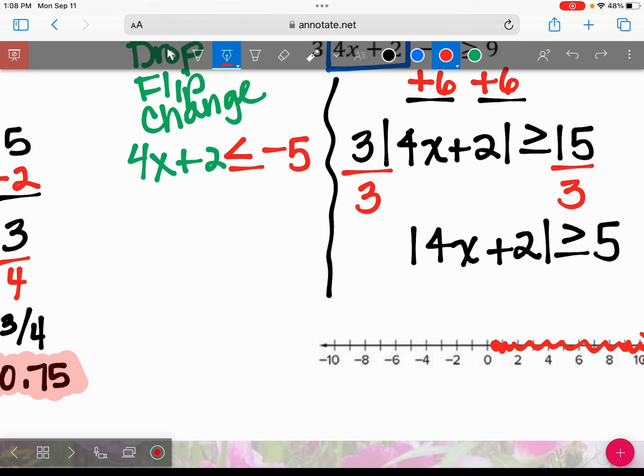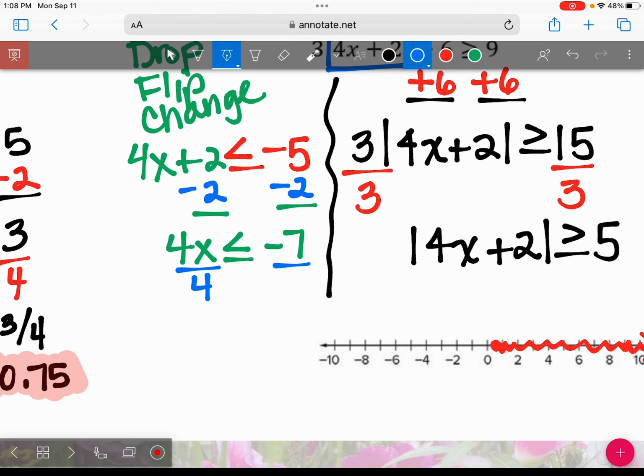Okay, so now we're ready to graph our second one. To solve it, let's go ahead and subtract the 2. Then divide by 4. So x is less than or equal to... Can somebody divide in their calculator?